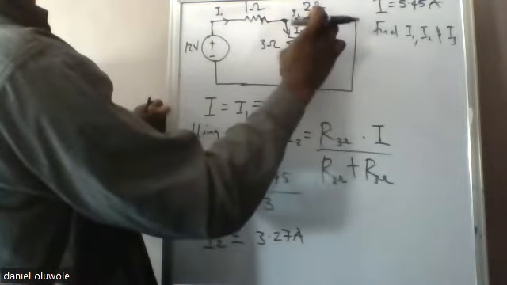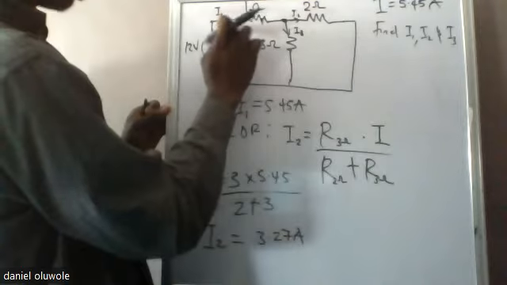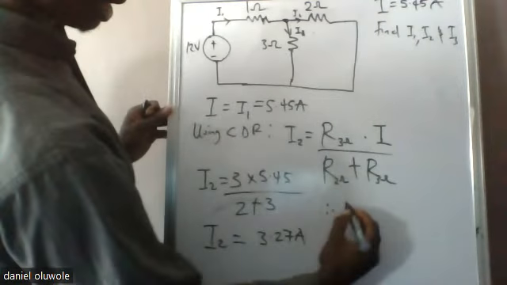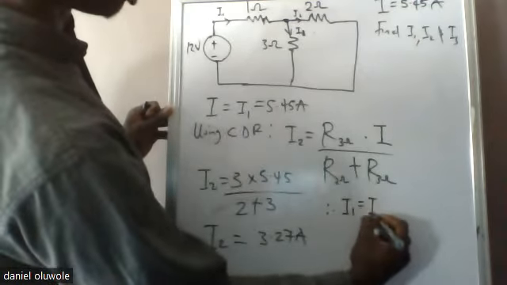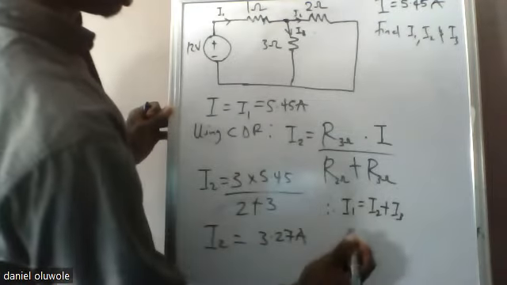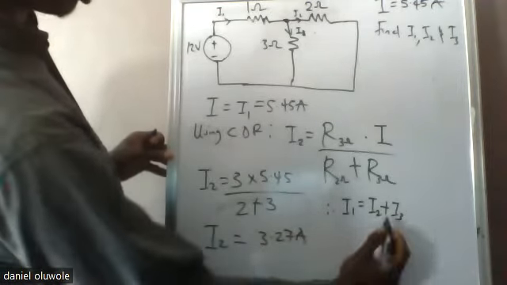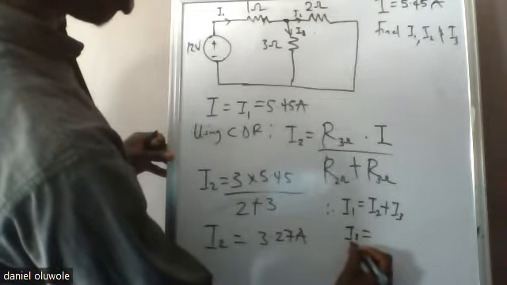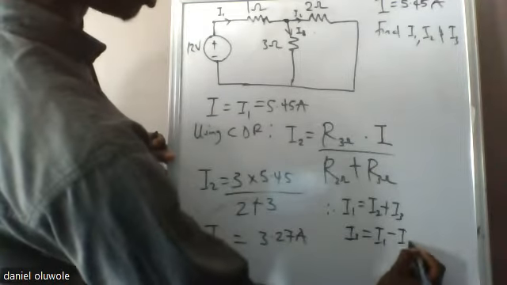So we can say that I1 is equal to I2 plus I3. Now we've gotten I1 and I2, so I3 will be equal to I1 minus I2.